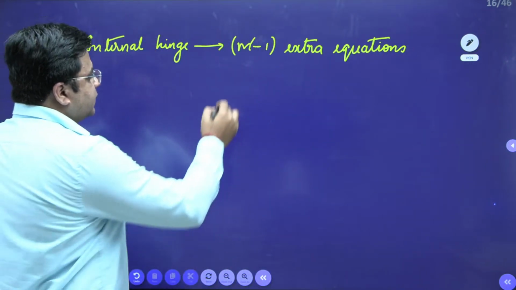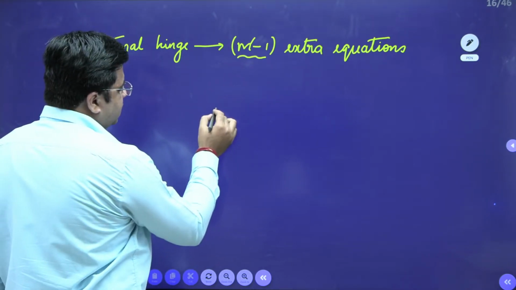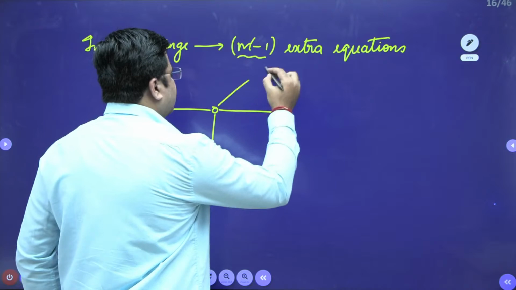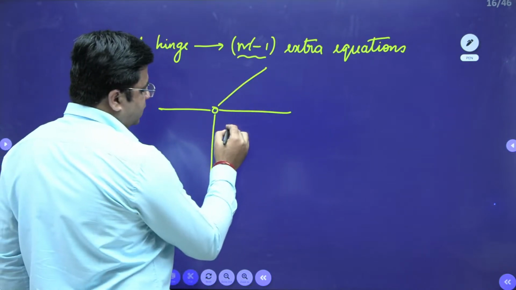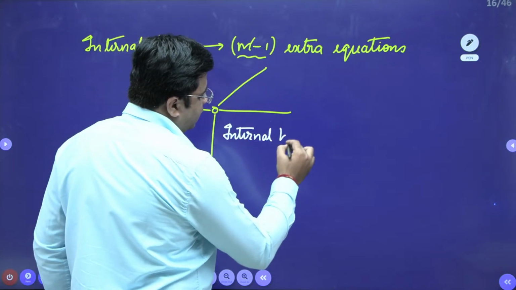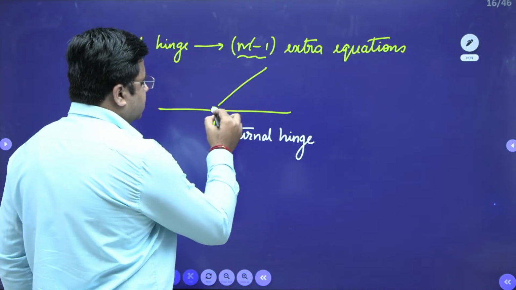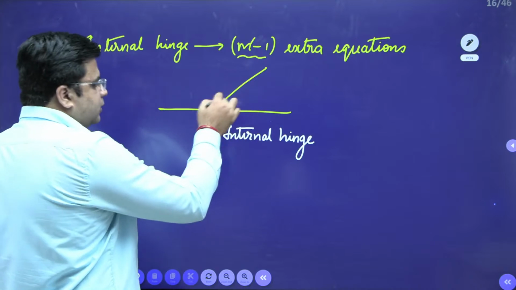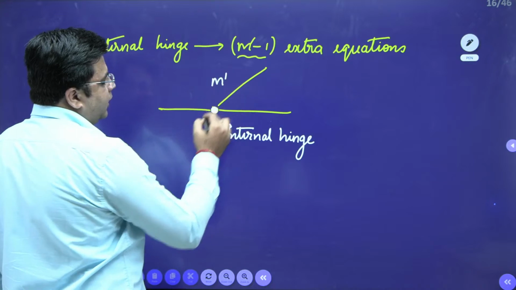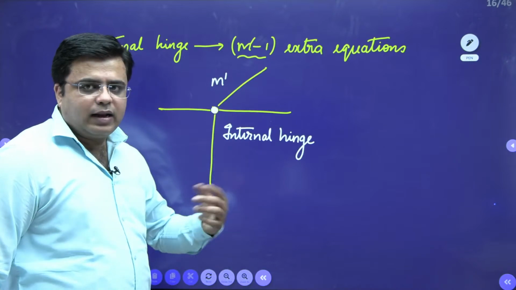And what is this m dash? M dash is the number of members which are connected at the internal hinge. If this is your internal hinge and all these members are connected to this internal hinge, then the number of members connected at the internal hinge is your m dash. So, this internal hinge is going to give you m dash minus 1 extra equations to analyze the structure.